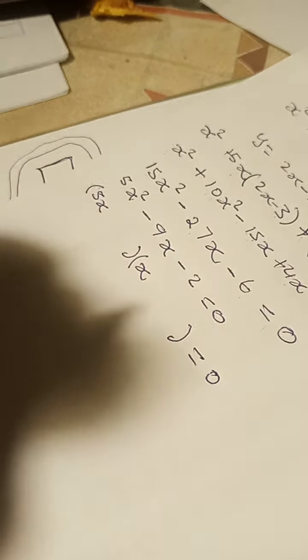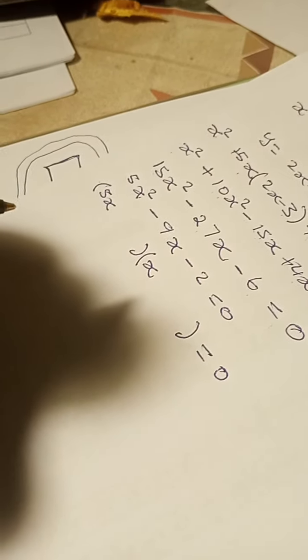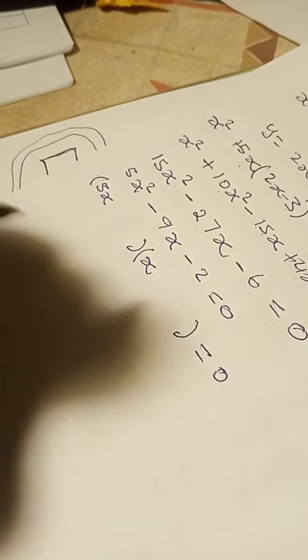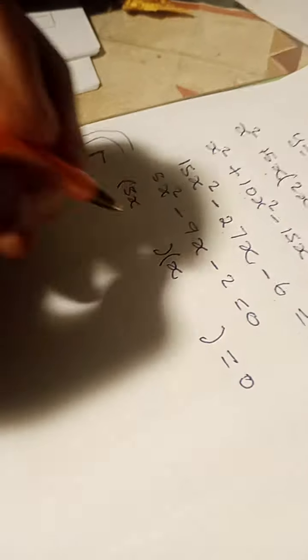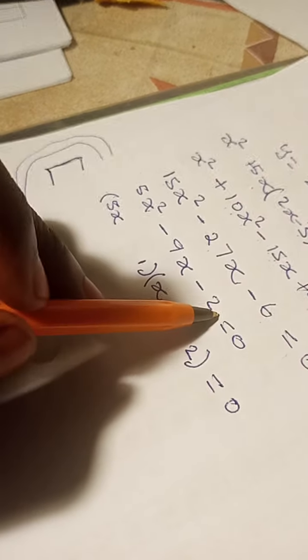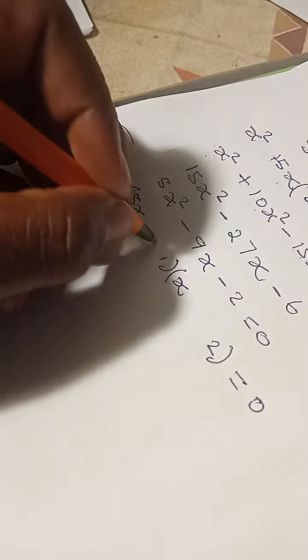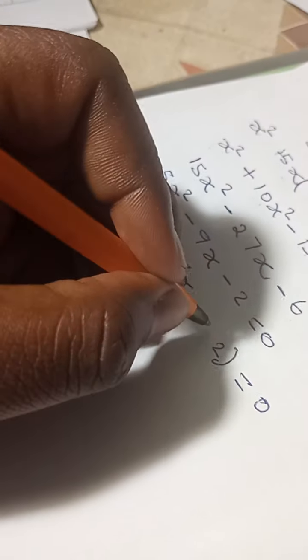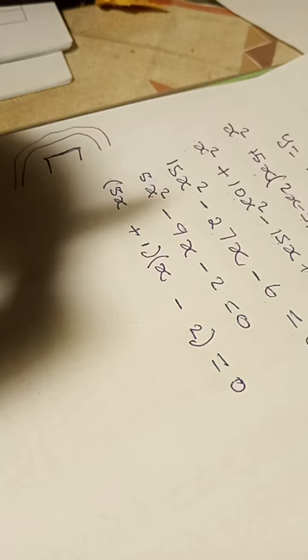So let's go to the other one. We have 1 this side and 2 this side, which are the factors of this one. So we have a positive 1 and a negative 2. You're going to get the middle number of 9.